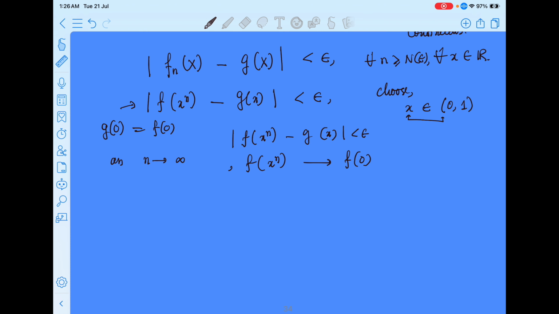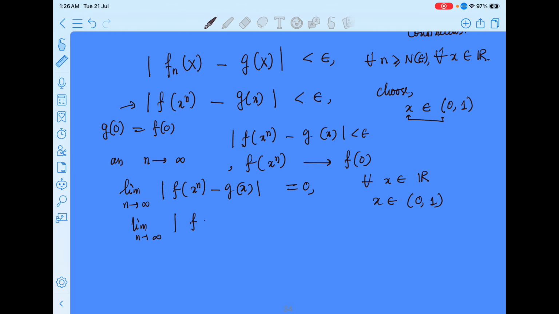So we know that the limit as n tends to infinity of f(x)^n - g(x), by definition of uniform convergence, is 0 for all x belonging to R. So if you put x equal to some number between 0 and 1, then the limit of f(x)^n - g(x) equals 0 implies f(0) - g(x) equals 0.